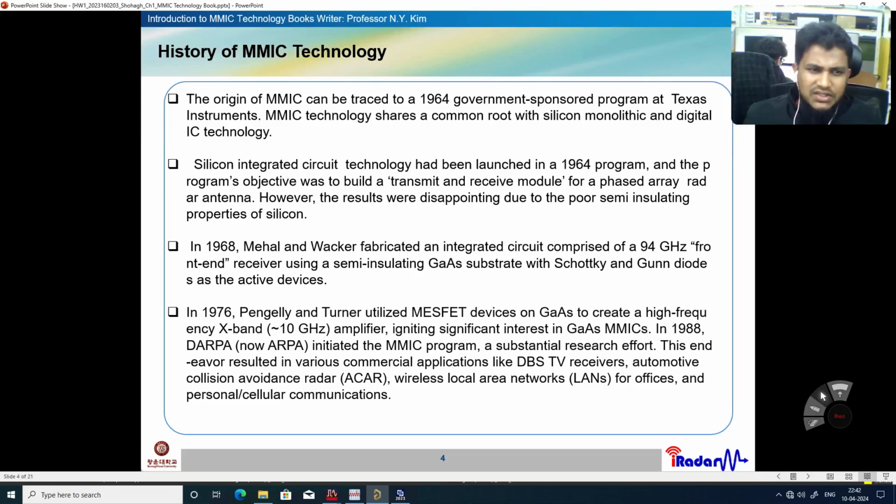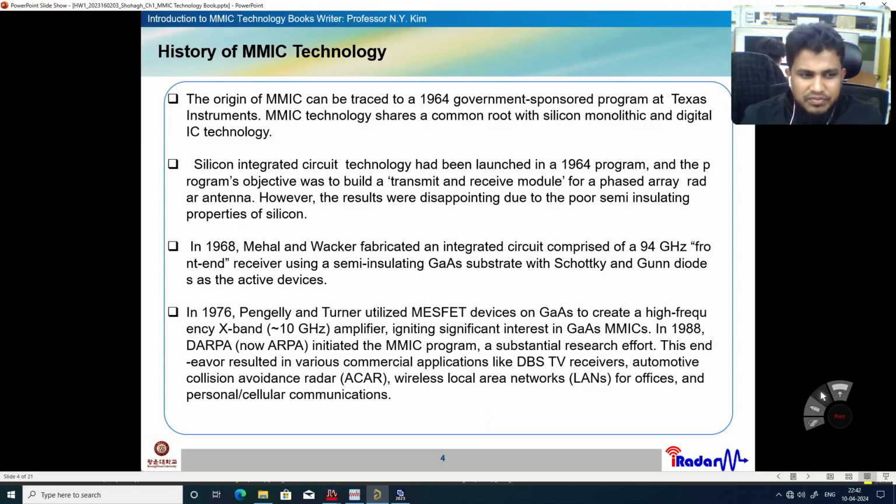However, the results were disappointing due to the poor semi-insulating properties of silicon. Later, in 1968, Mehal and Okar fabricated an integrated circuit composed of a 94 GHz front-end receiver using a semi-insulating gallium arsenide substrate, with Schottky and Zahn diodes as active devices.